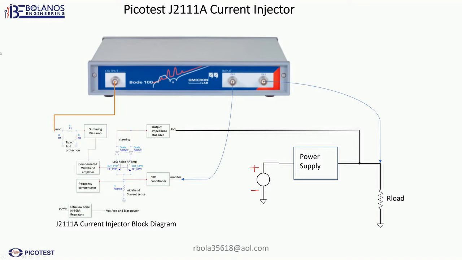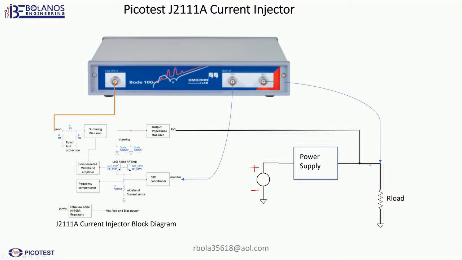I have the block diagram to explain what is happening inside the J2111A. Basically, we connect the power supply that we're going to measure to a load, in this case 130 ohms. You connect the output of the power supply you're testing to the J2111A.